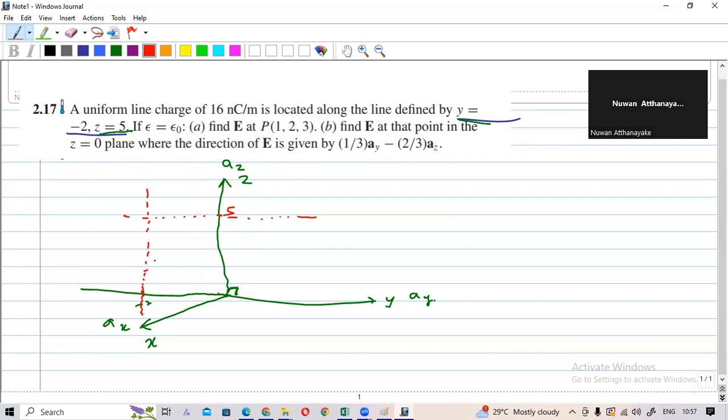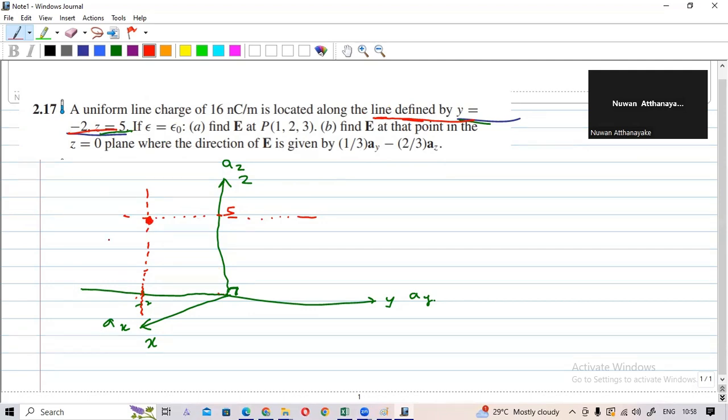So our line charge is defined by these lines. This defined line does not go through this point; it is not said that this line is going through this point. These are some points in the z-y plane.